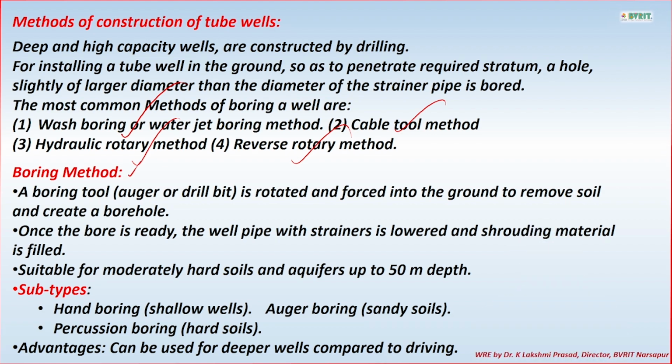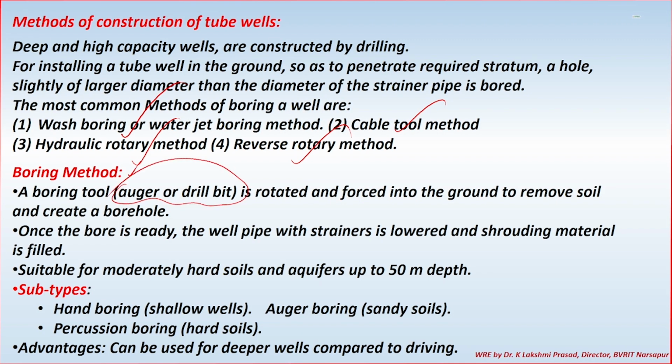If I choose the boring method first, a boring tool is nothing but a drill bit. Please just remember, it's a drill bit. Some people call it an auger, drill bit, or drill rod; all are the same.